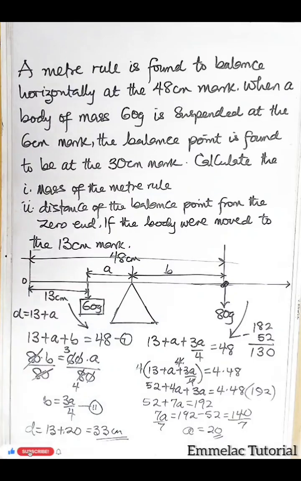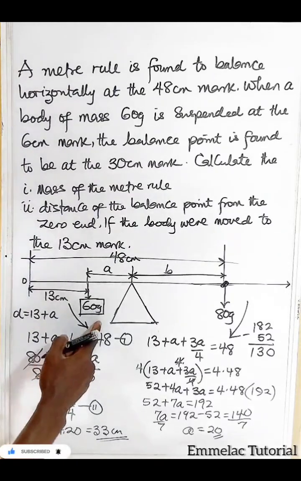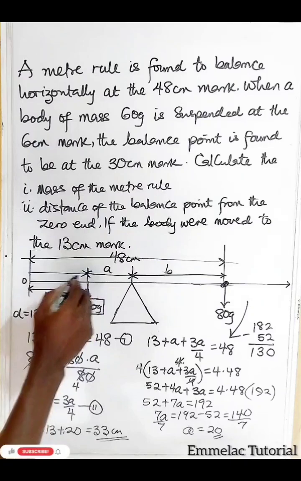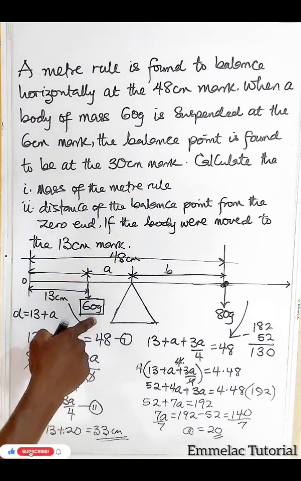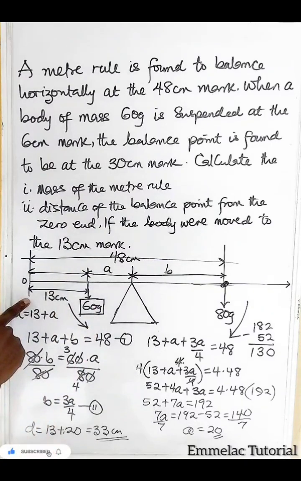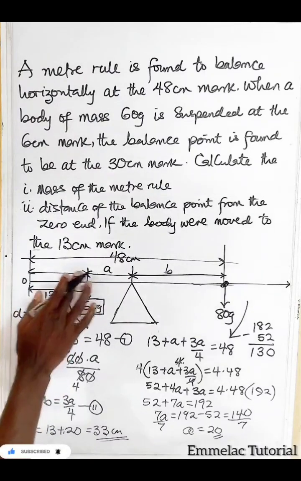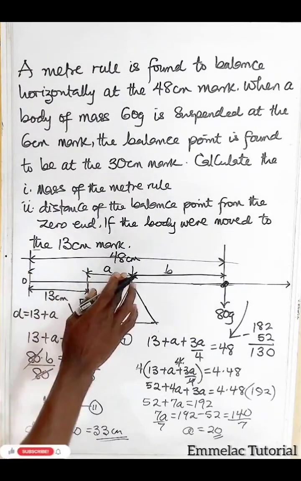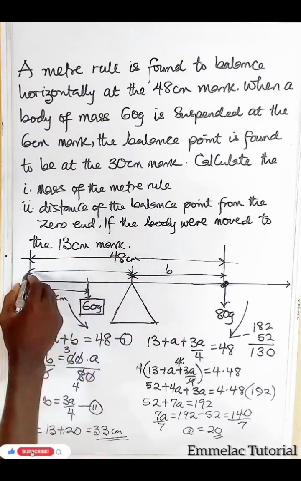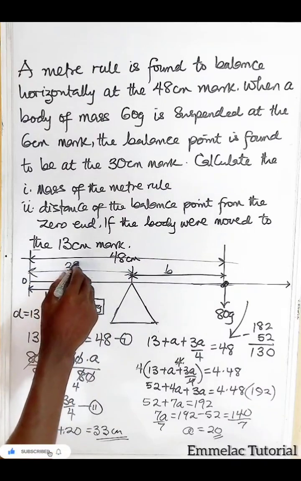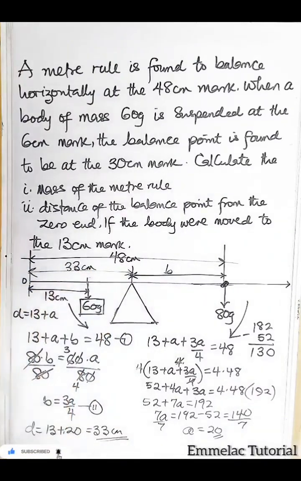So the distance from 0 to the 60-gram body will then be 33 centimeter.